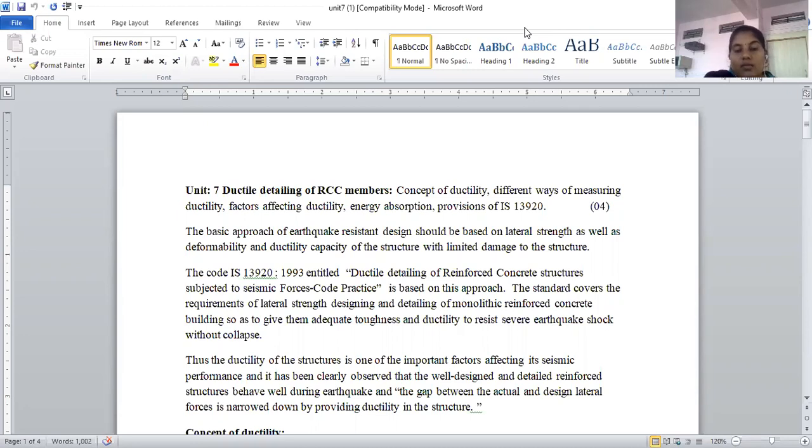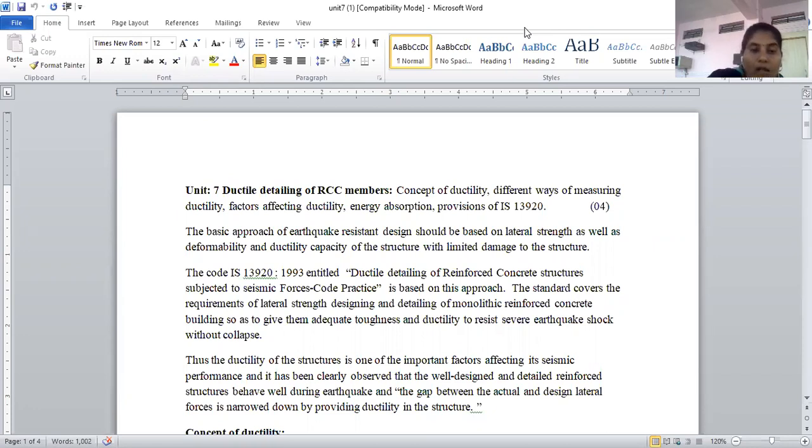If we make the ductile detailing very nicely in our structures, then our building will become a very strong building, which reduces the damages formed because of the dynamic responses. So that is the basic concept of ductile detailing of RCC members.